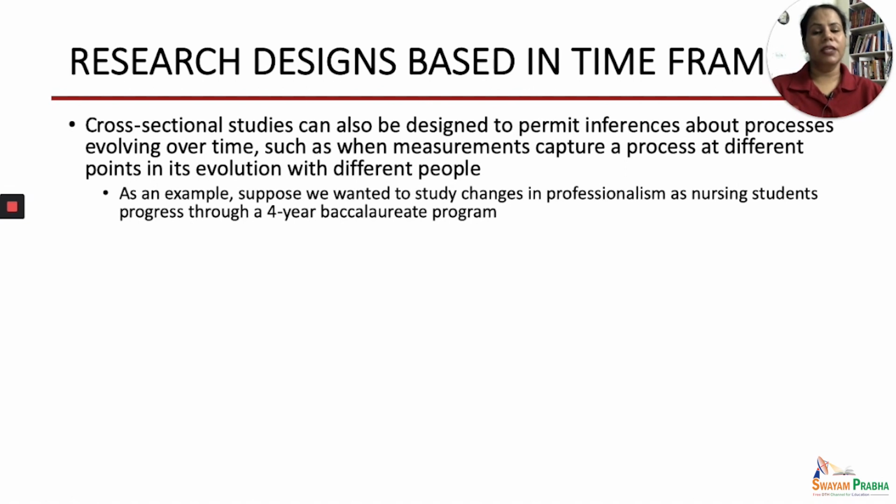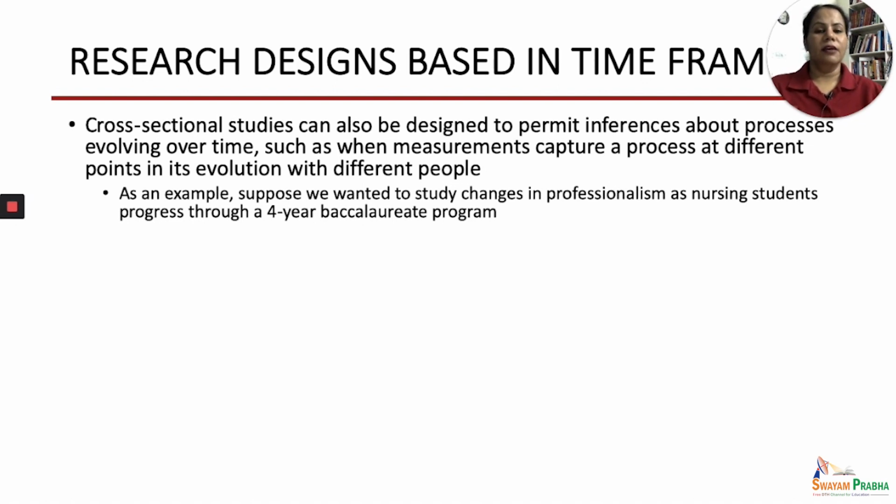But how we can conduct the same study in a cross-sectional design is that if we have all 4 years, different levels of students, we collect the data from first year students at that period, second year students at the same period, third year students at the same period, and fourth year.